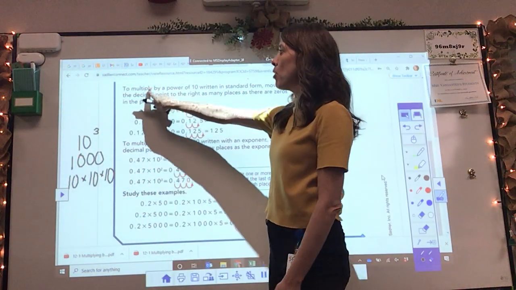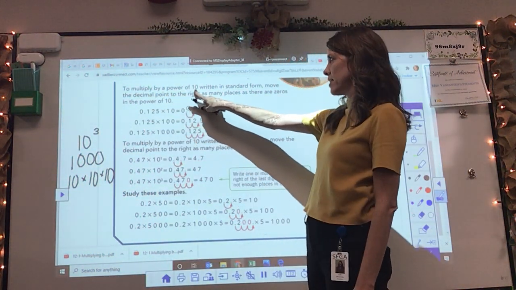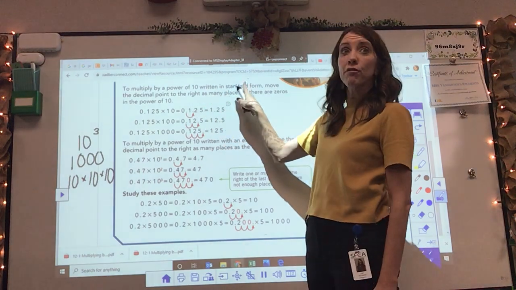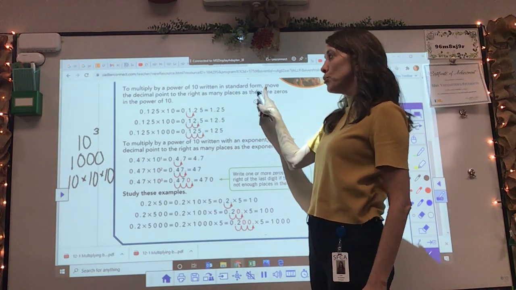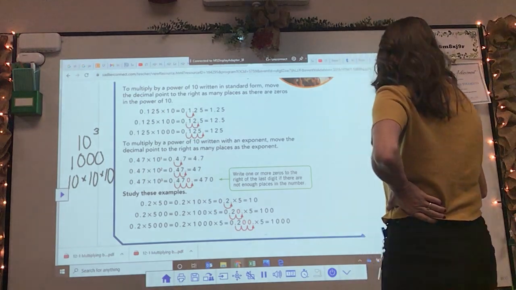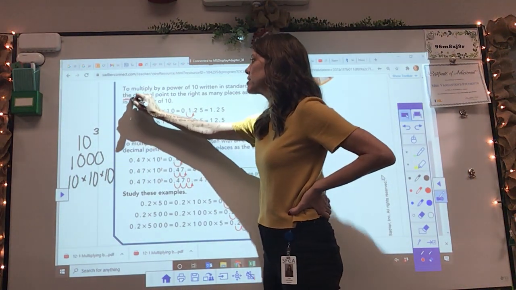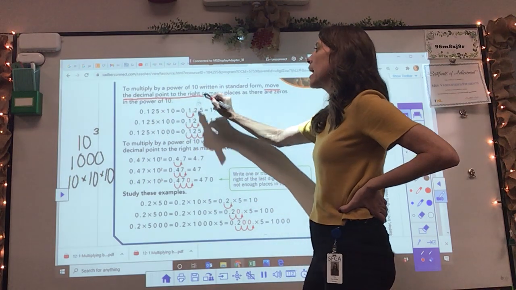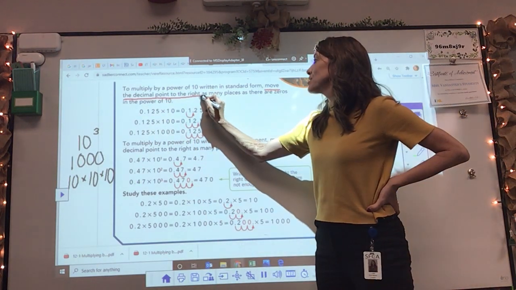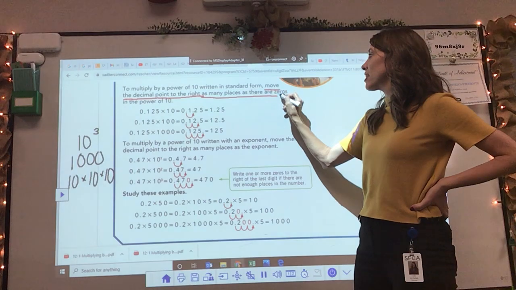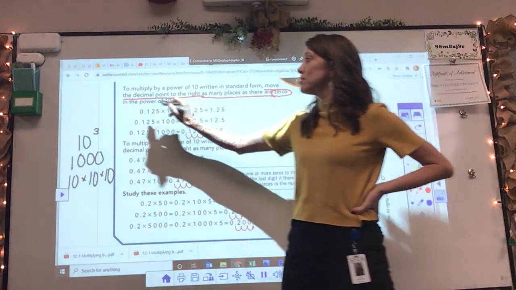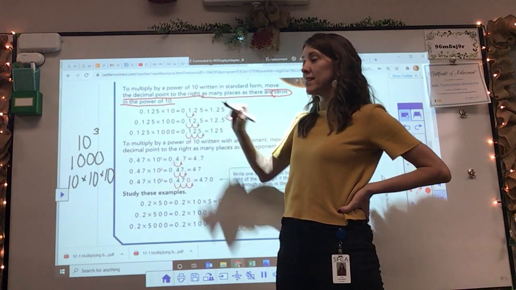It says to multiply by a power of 10 written in standard form, move the decimal point to the right. So we're multiplying. We're going to move the decimal point to the right how many times? As many places as there are zeros in the power of 10.